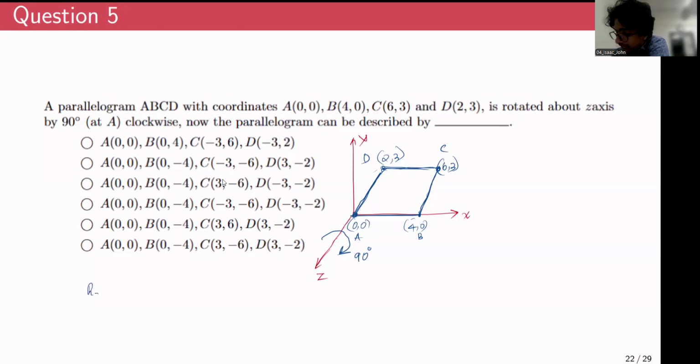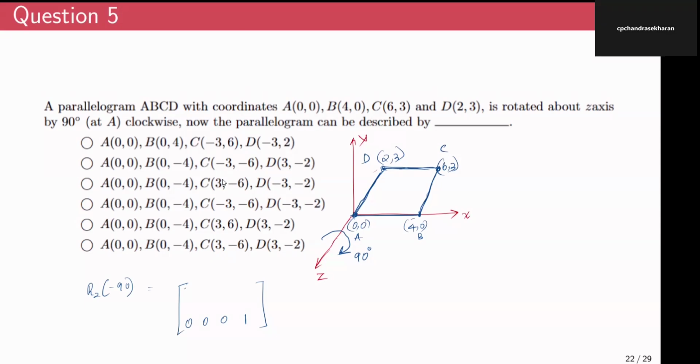The rotation about the Z axis by an angle minus 90 degrees would look something like this. The bottom row is 0, 0, 0, 1.